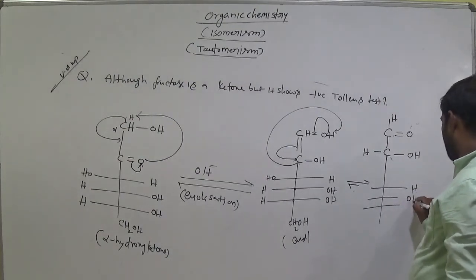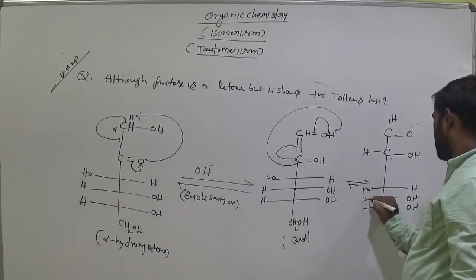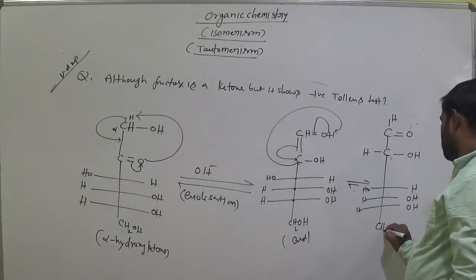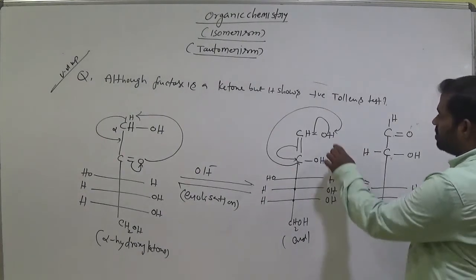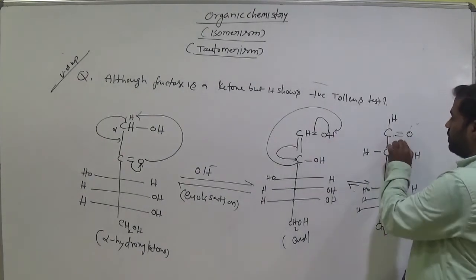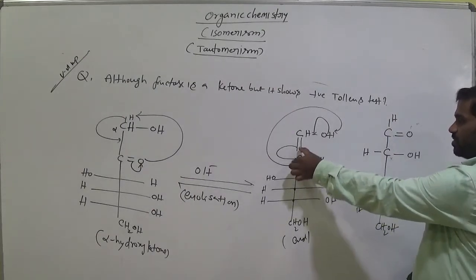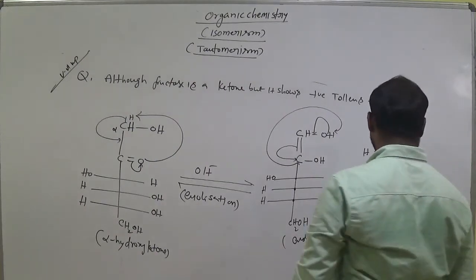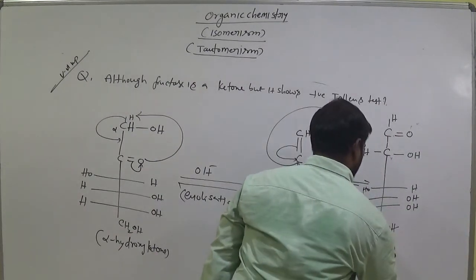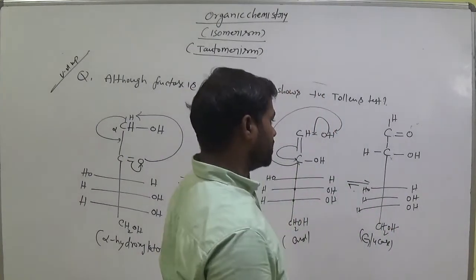This is H, OH, OH, and this one is OH, H, and H, CH2OH. Okay, clear? So C double bond O, and this hydrogen moves to here. One bond is broken. H here, OH. Okay, this is called glucose. Very well. Glucose. Okay, clear everyone?